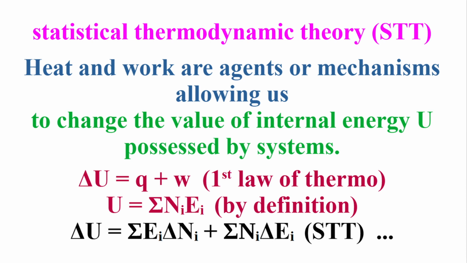As per statistical thermodynamic theory, delta U equals sigma Ei times delta Ni plus sigma Ni times delta Ei, where the first term represents Q and the second W. Next, we will see the interpretation of these two terms.